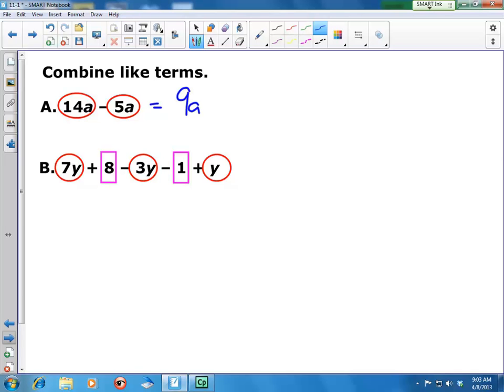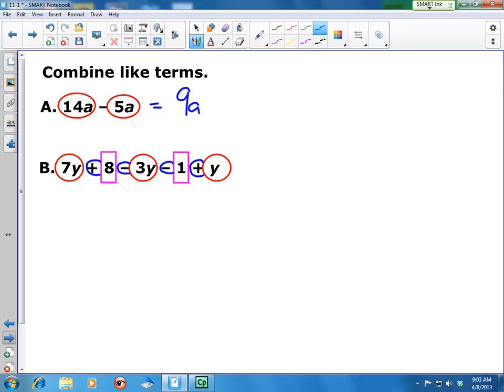Like this 7y right here, there's nothing in front of it, so we assume it's positive. This 8 is a positive 8. This 3y is actually minus 3y, so when combining those terms, we have to subtract 3y. With this 1 right here, since there's a minus in front of it, we have to subtract that 1 when we're combining those.